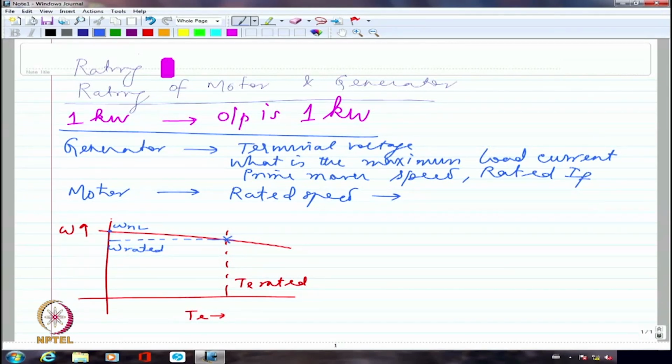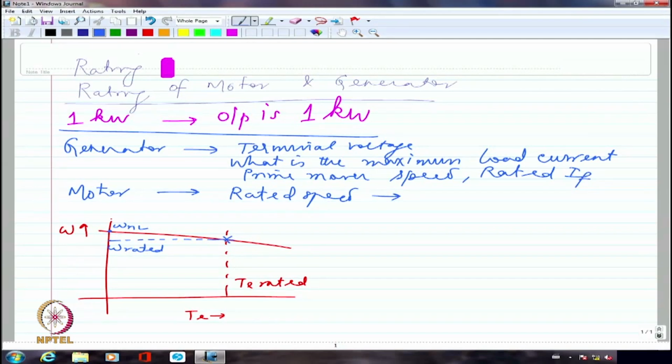This is true in an induction machine when it is working as a motor. This is very true in the case of a DC machine when it is again working as a shunt motor or separately excited motor. This is not true only in a synchronous motor, because a synchronous motor will run at a particular speed or does not run at all.